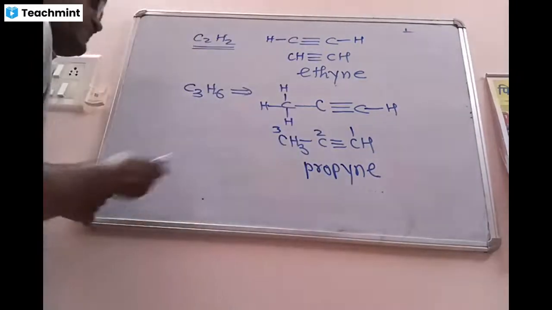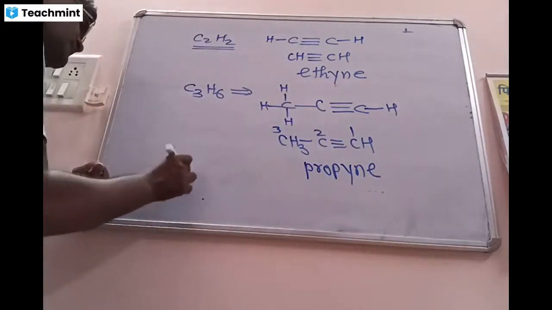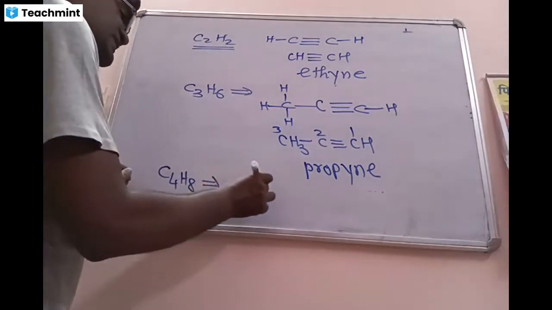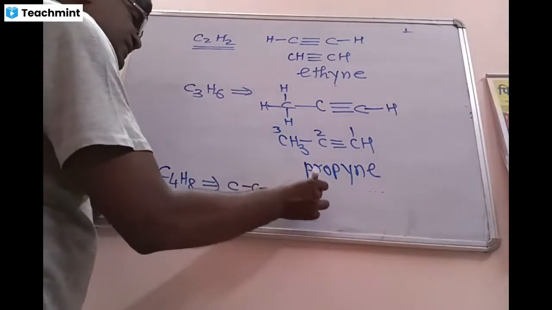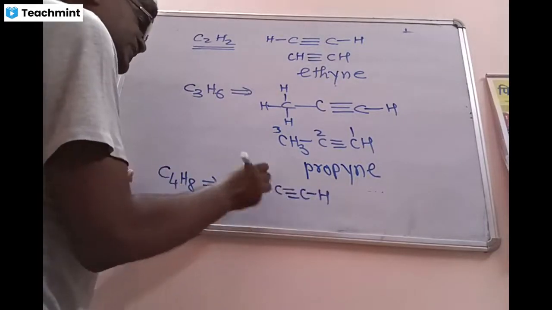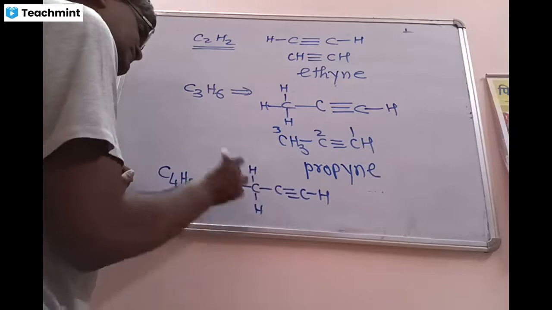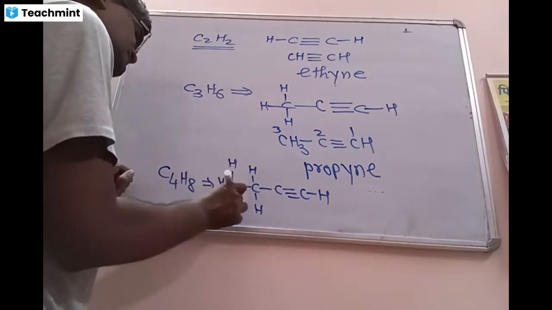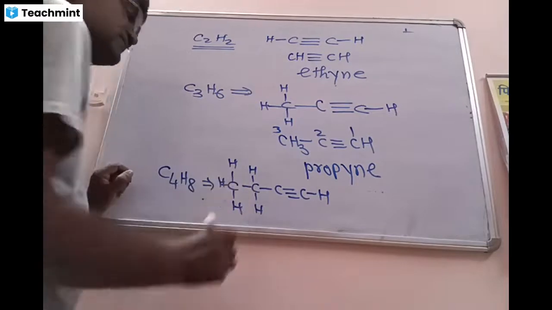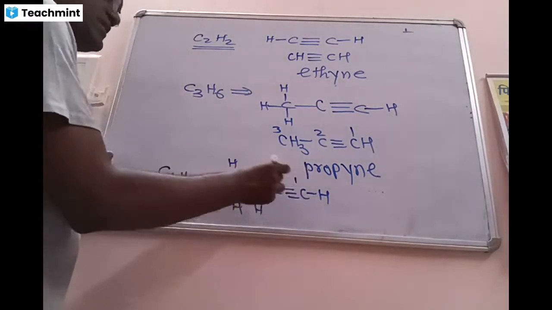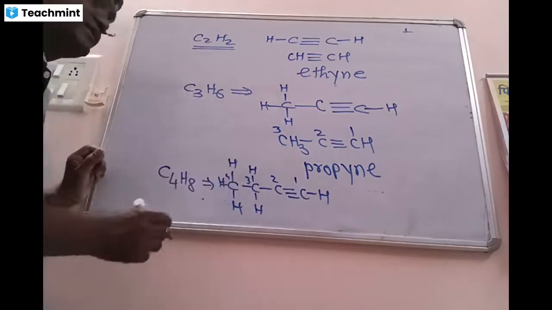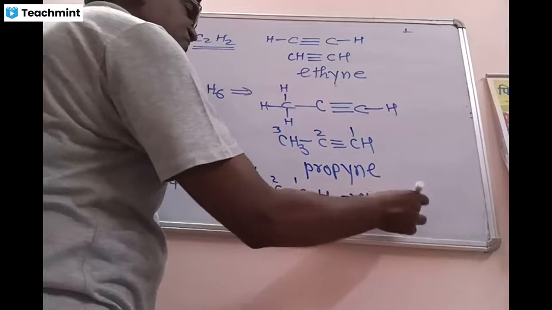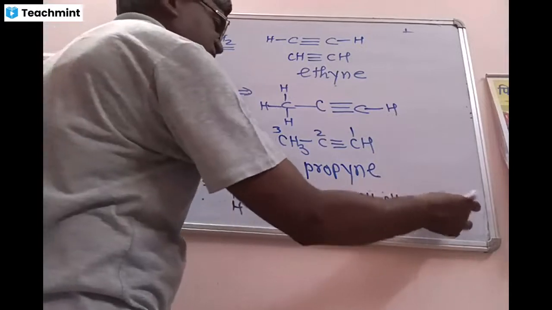But if you go for this compound with C4, there are a number of possibilities. Here there is hydrogen, here there is no hydrogen. See, the numbering is 1, 2, 3, 4. If you condense it, you have to write CH3, then CH2, then C triple bond CH.